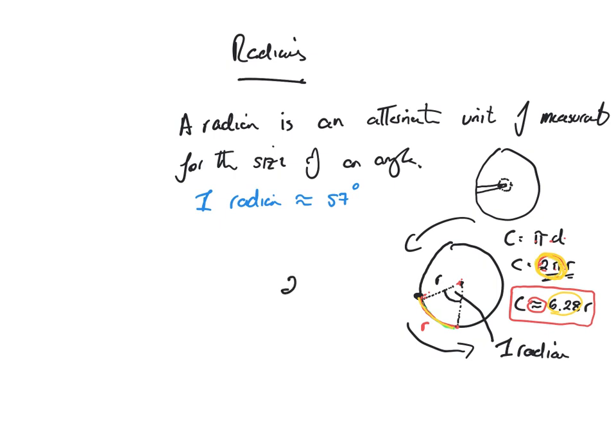So 2 pi lots of 1 radian is equal to the full turn of the circle, which is 360 degrees. So we can shorten that and say 2 pi radians is equal to 360 degrees. In this case R means radian. 2 pi radians is 360 degrees.